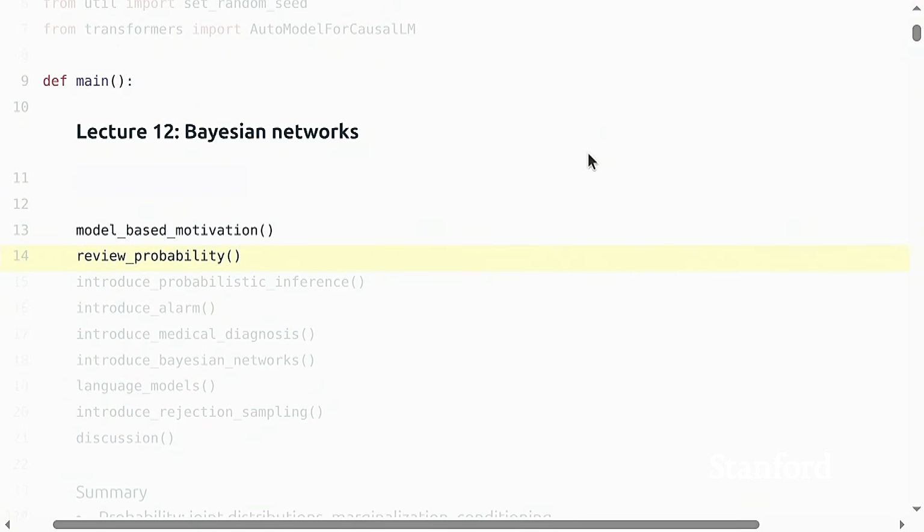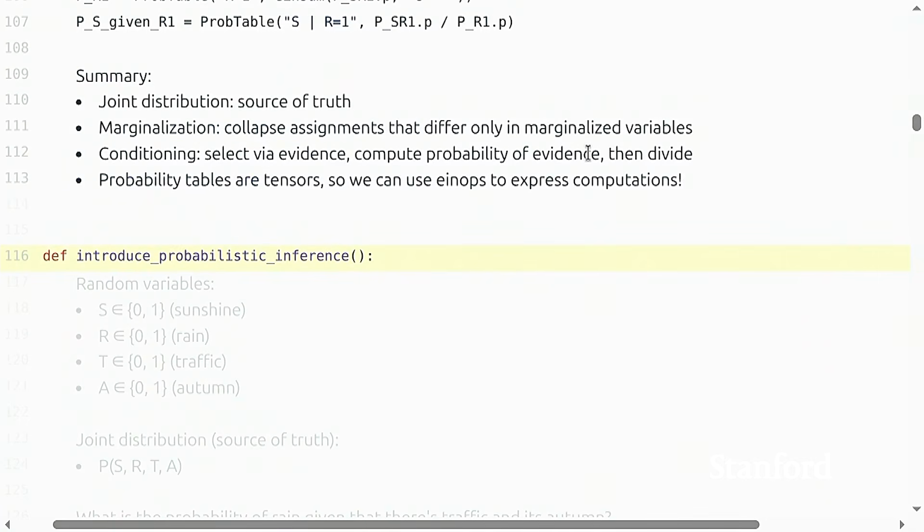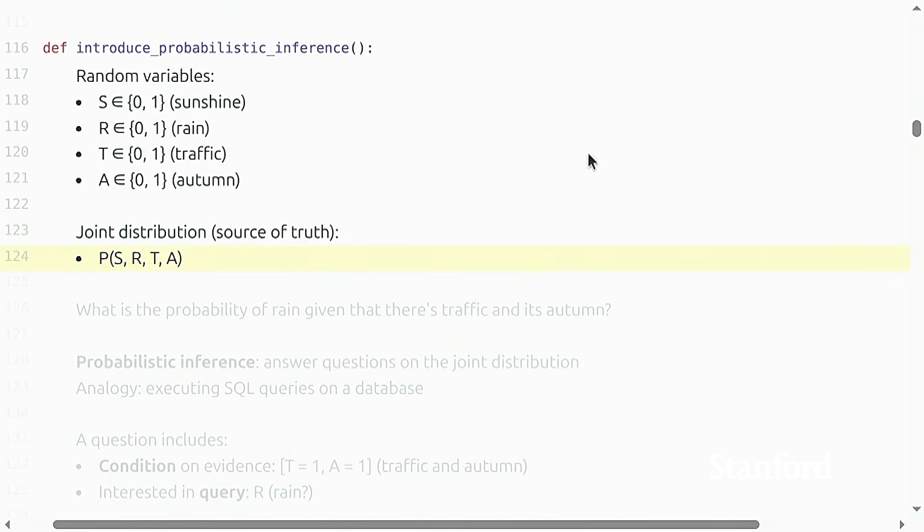Okay, so now I've introduced basic probability. Let me talk a little bit about probabilistic inference in general. Here's just another example. Suppose you have 4 random variables now: sunshine, rain, traffic, and whether it's autumn or not. Now the joint distribution would look like this: probability of S, R, T, A. And what do you do with this joint distribution?